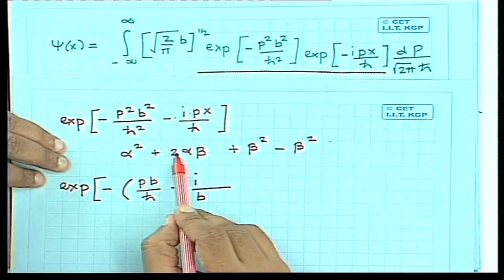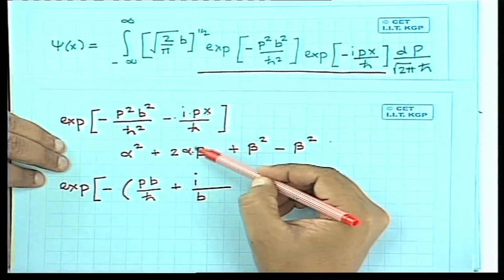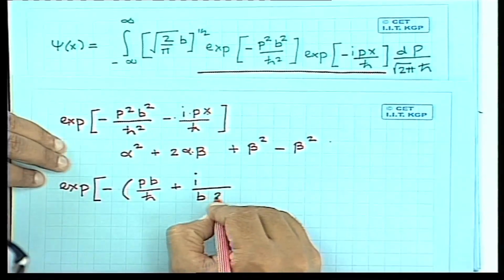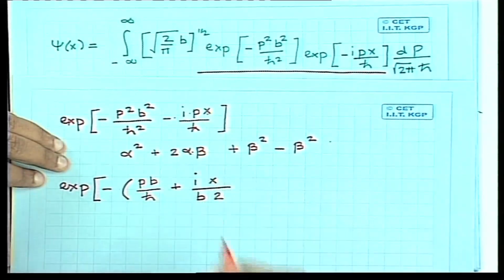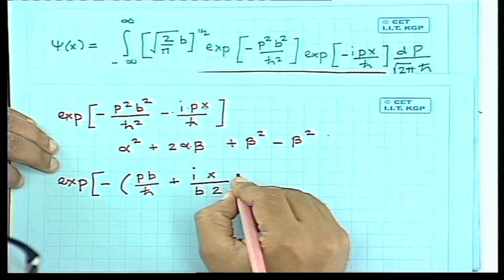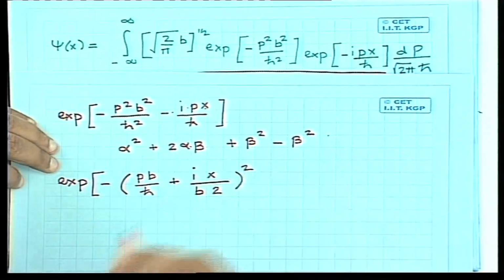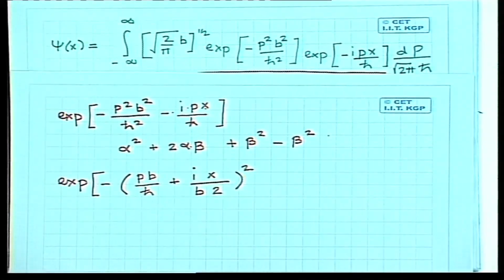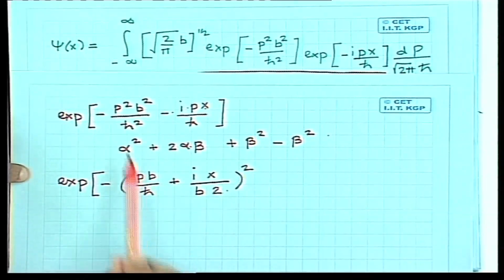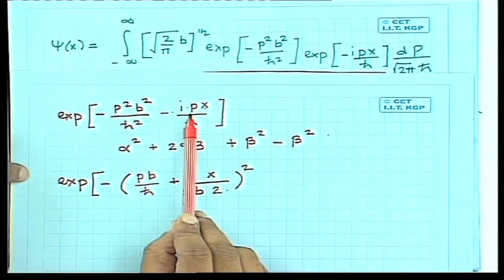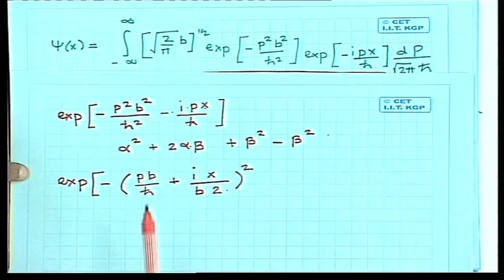We have to divide by 2 to make this appear the same as this, so there will be a 2 here. And we have to multiply by x. If you expand this, you will get 2 terms. The first term corresponds to this, the second term corresponds to this. You will get one extra term, which is the beta squared here, which we have to subtract.